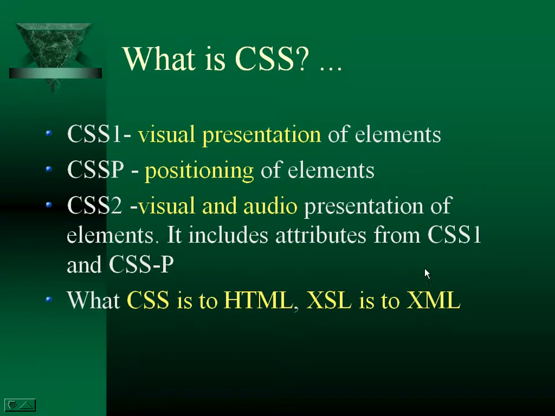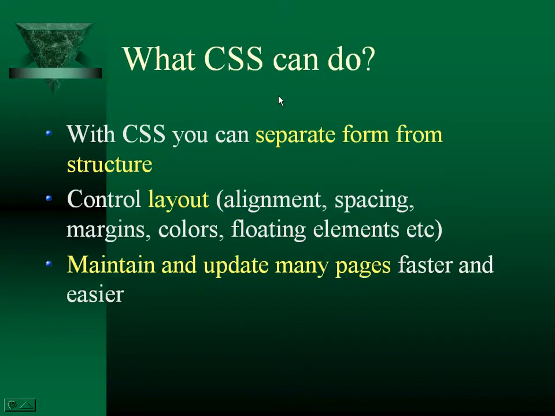Similar to CSS, there is another style sheet, XSL, for the XML language. Let us see what are the capabilities of CSS. Using CSS, we can separate form from the structure of the web page.